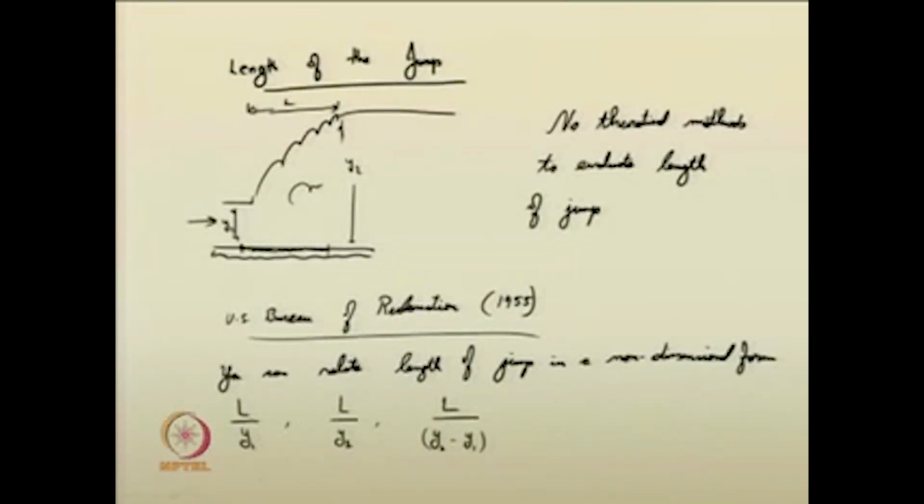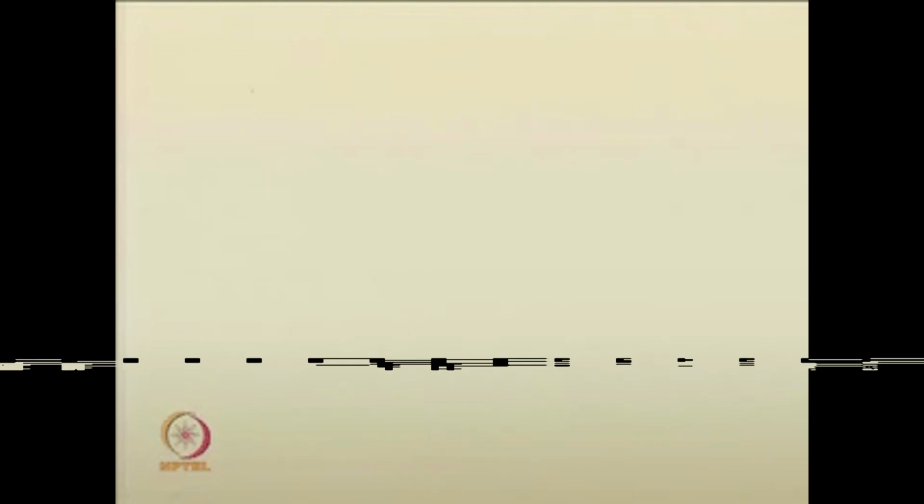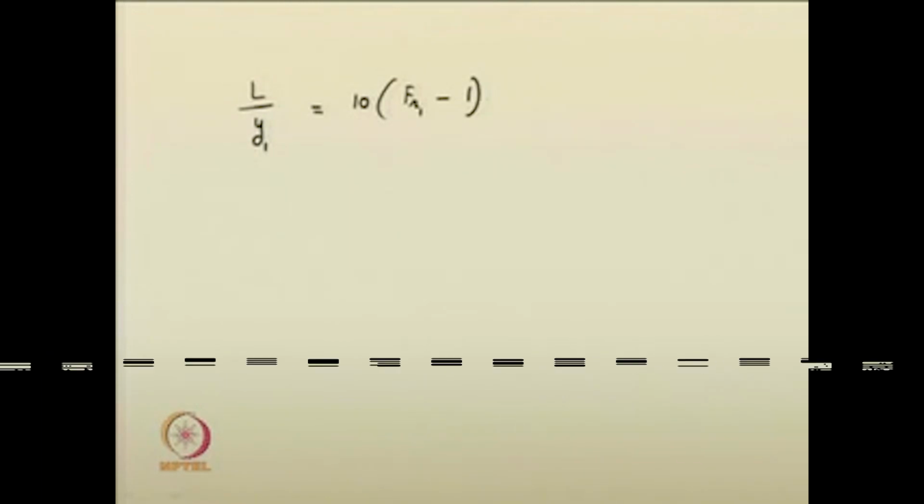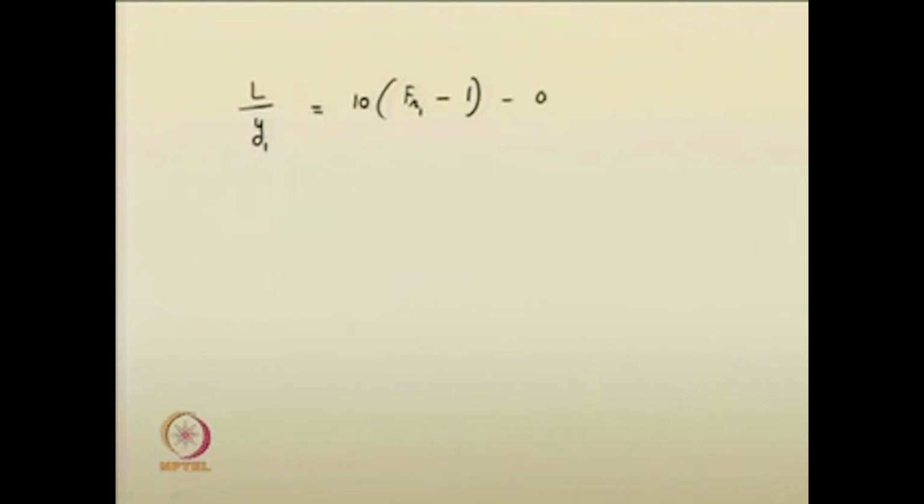The US Bureau of Reclamation, in one of their analyses, suggested that the ratio of the length of the jump with respect to its pre-jump depth can be given as 10 times the Froude number in the upstream or pre-jump location minus 0.02 times the Froude number minus 1 to the power of 2.53.